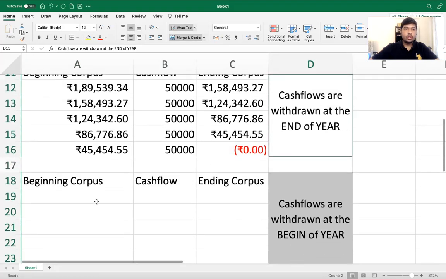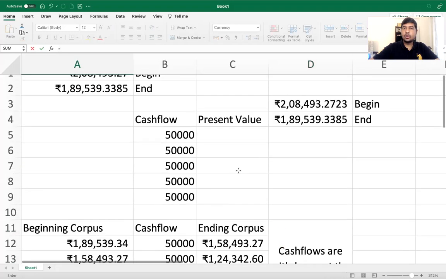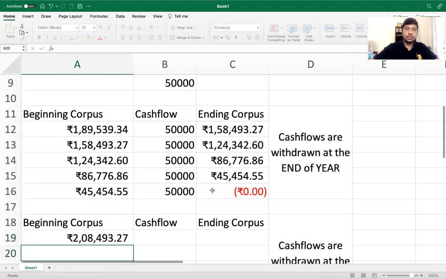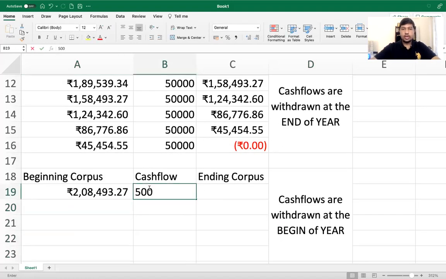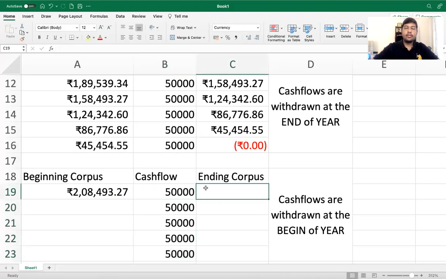Okay, so here, what was the corpus that we calculated with beginning of the year? This was the corpus. Okay. Then what was the cash flow required? 50,000 rupees, and that was for 5 years.